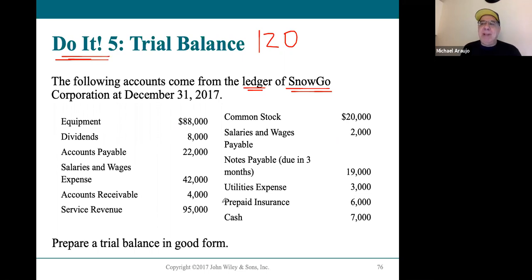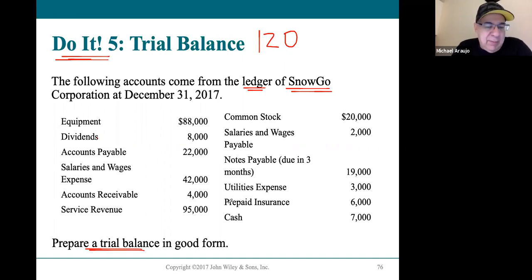This wouldn't necessarily happen in real life because we would simply look at the ledger and the ledger would have the proper order, so we wouldn't be guessing all this stuff. But the way the book is here, they want to make sure you understand assets are listed first in balance sheet order, then liability accounts, then stockholders' equity accounts ending with dividends, then the revenue account, then the expense account. So they just want to see, can you put together a trial balance in the order it would be in? They're simply mixing up all the accounts here.